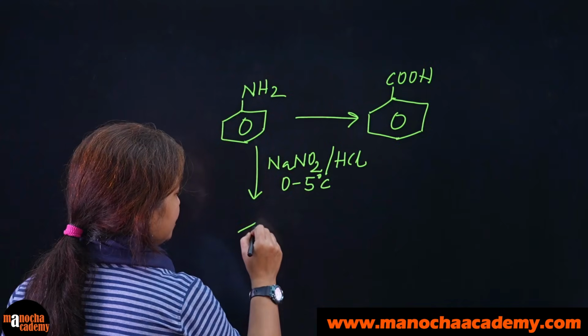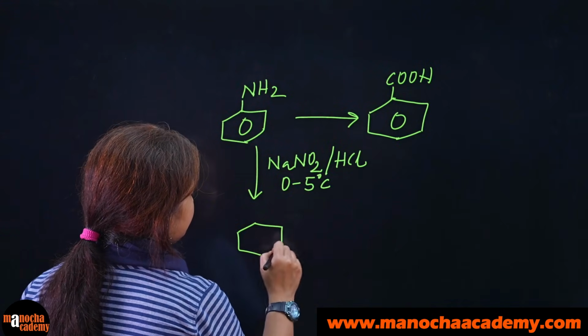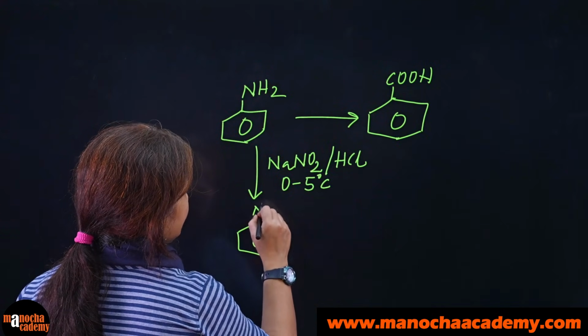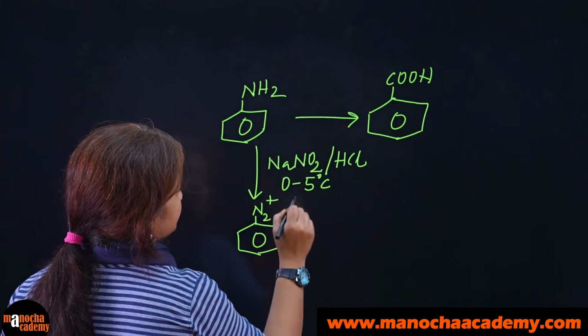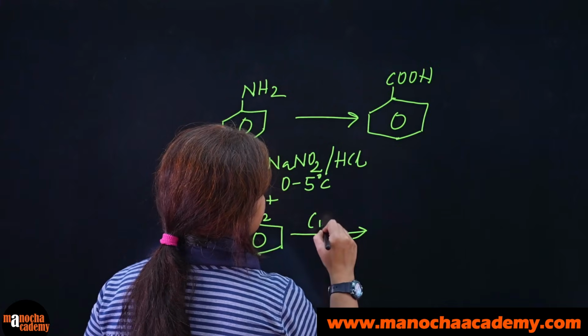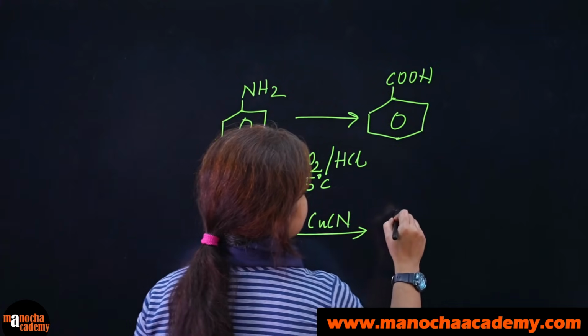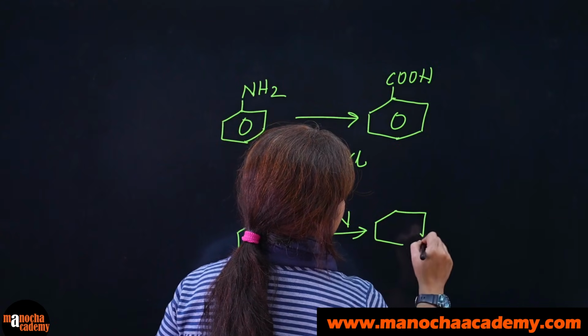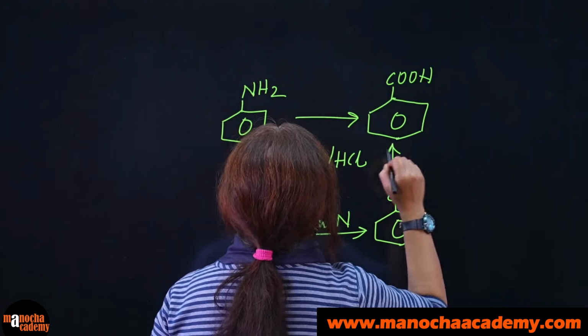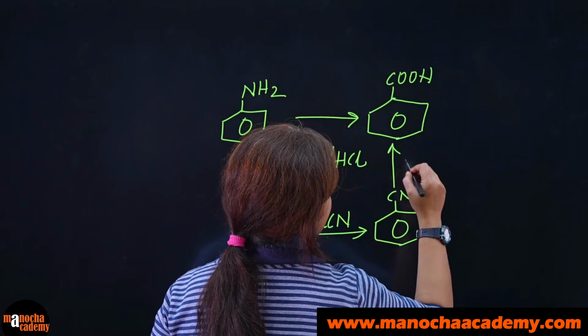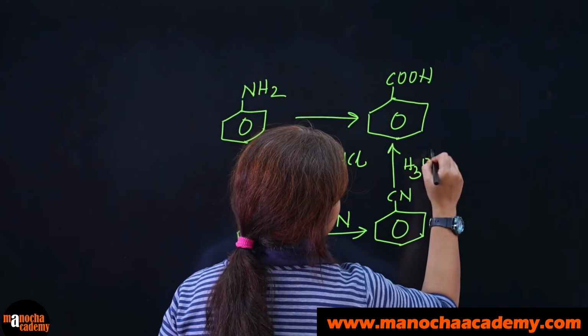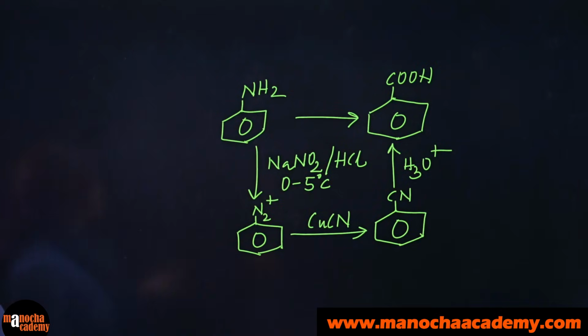Okay, it's very vital. You get here N2+, then CuCN, you get here cyano, and then you do acidic hydrolysis, you get benzoic acid. So aniline to benzoic acid done.